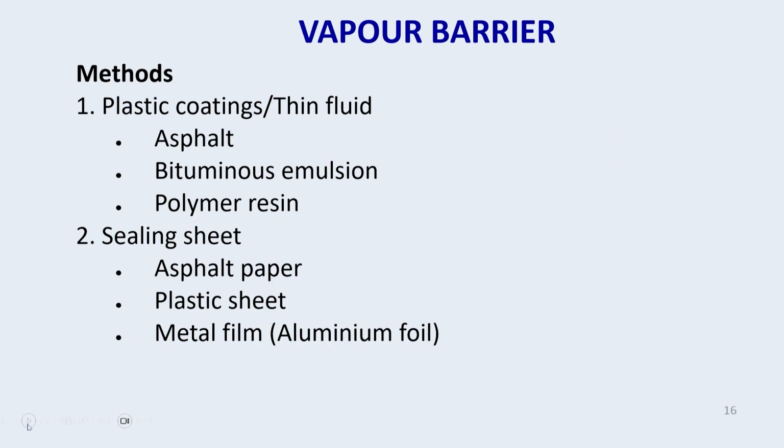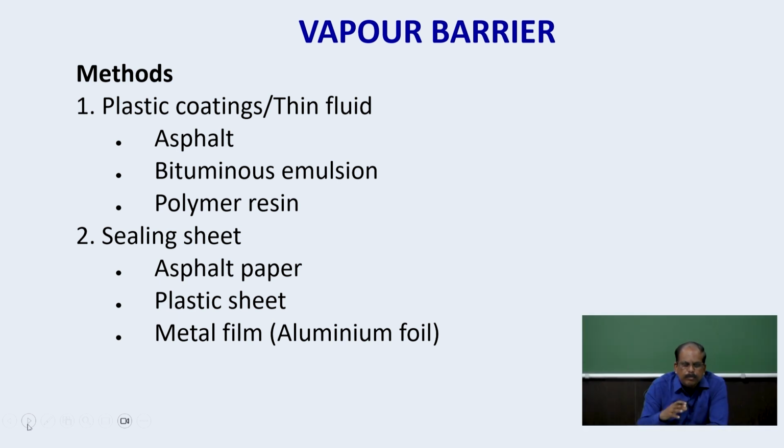Methods of providing the vapor barrier. So I'll just quickly go through this, as it is more of a theory portion. Learners need to know the methods. What is the function of the vapor barrier?